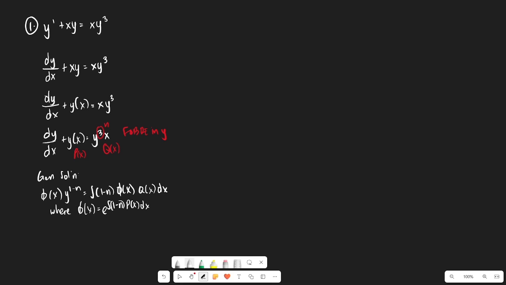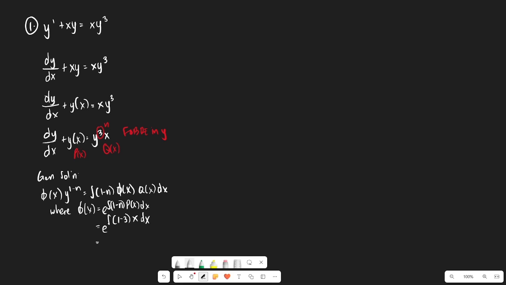Okay? And phi of x is equal to e raised to the integral of, let's substitute what we have. So 1 minus n, we've said earlier that n is actually equal to 3, so we can write this as 1 minus 3 times p of x. p of x is actually x, this function of x right here.